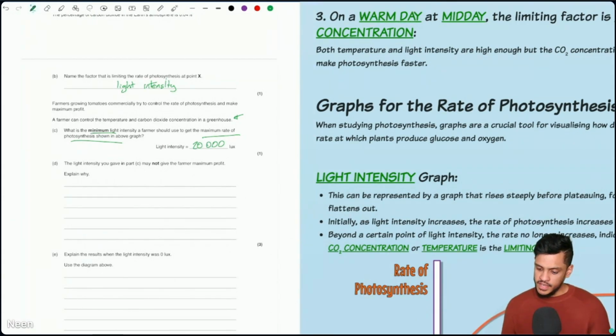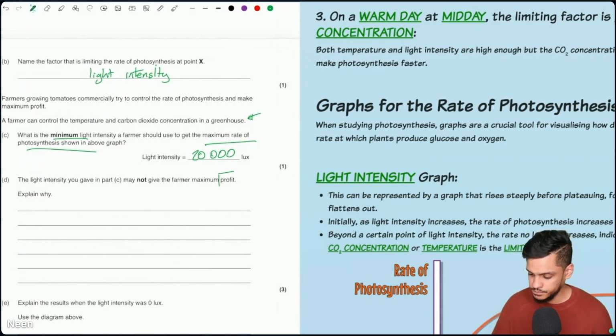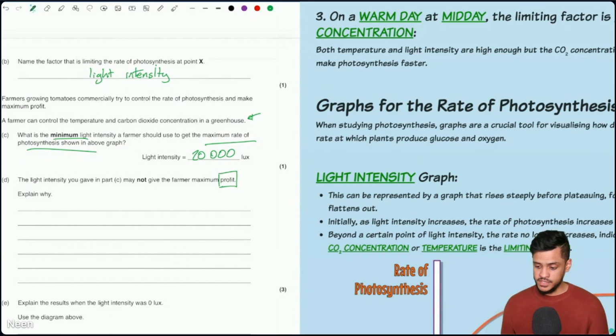The light intensity you gave in part C may not give the farmer maximum profit though. Explain why. Keyword here, profit. Why would it not give maximum profit? It will give maximum rate of photosynthesis, not maximum profit, because you've got to think about money here. It's going to cost money to run the greenhouse, right?